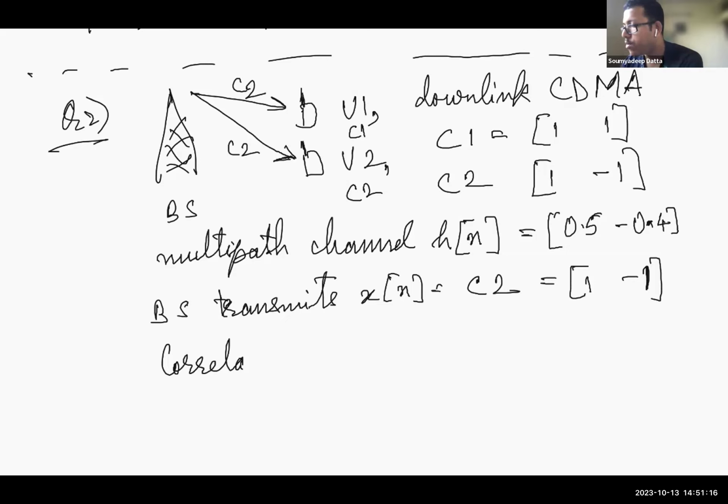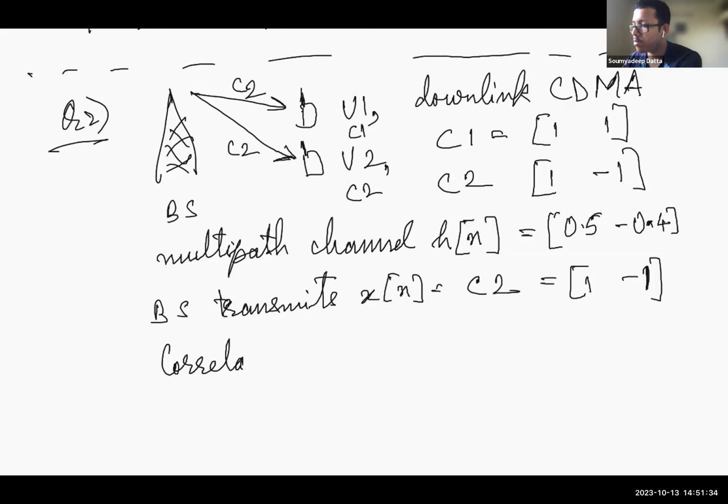So for user 1, the corresponding code is C1. For user 2, the corresponding code is C2. So at the receiver end, when the users receive the signal, they will do correlation with whatever their CDMA code is. And it will do zero padding for the terms that don't exist.